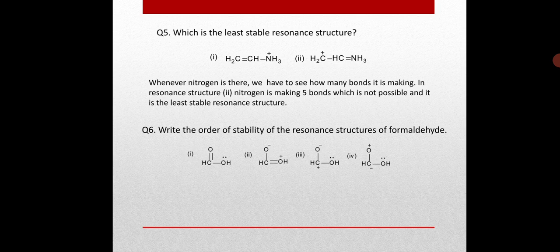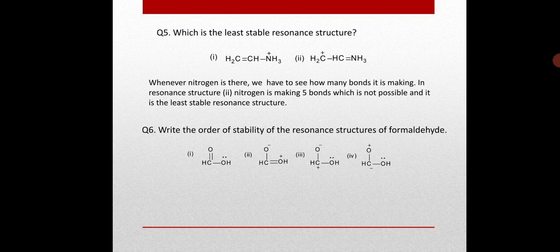Now look at structures 1 and 2. They have an equal number of covalent bonds. So which is more stable, or which is least stable, or do they have equal energy? Compare structure 1 and structure 2.